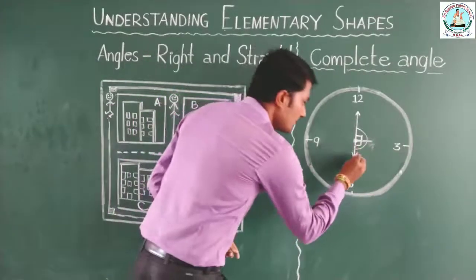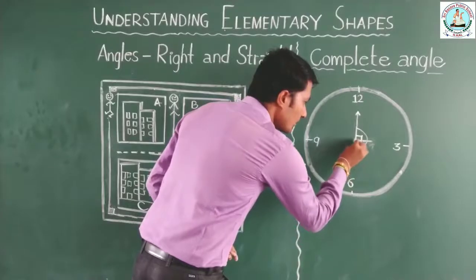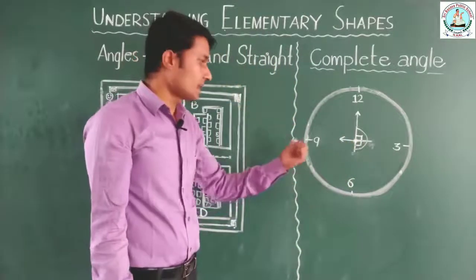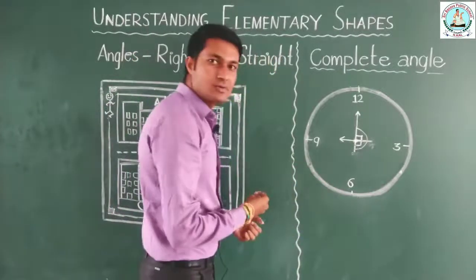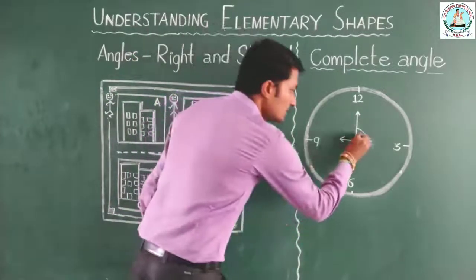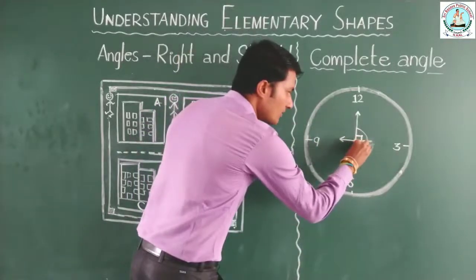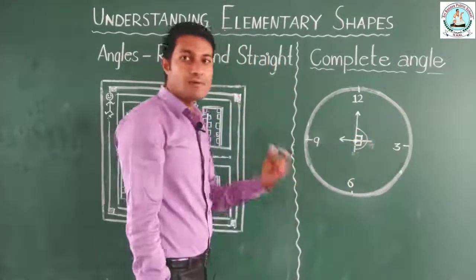Let us imagine now that our hand is facing towards 9 o'clock. How much angle have you covered? First you covered 90 degrees for the 1/4 revolution. Secondly you covered another 90 degrees for the half revolution.